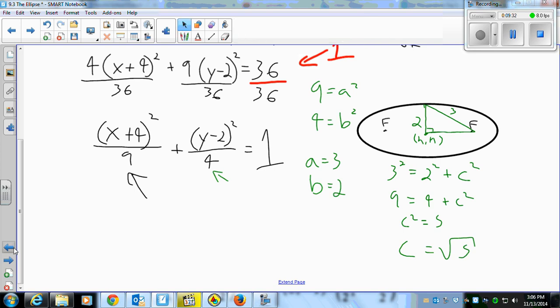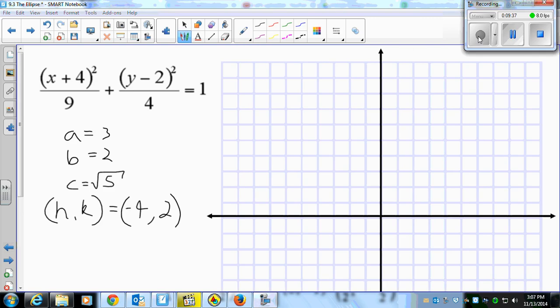All right, so let's go ahead and get this information on a graph. So for my graph, I have these points. I can go ahead and graph my H and K values. So I'm at (-4, 2), and I'm there. So for my foci, I need to add and subtract my C value to get my two foci.